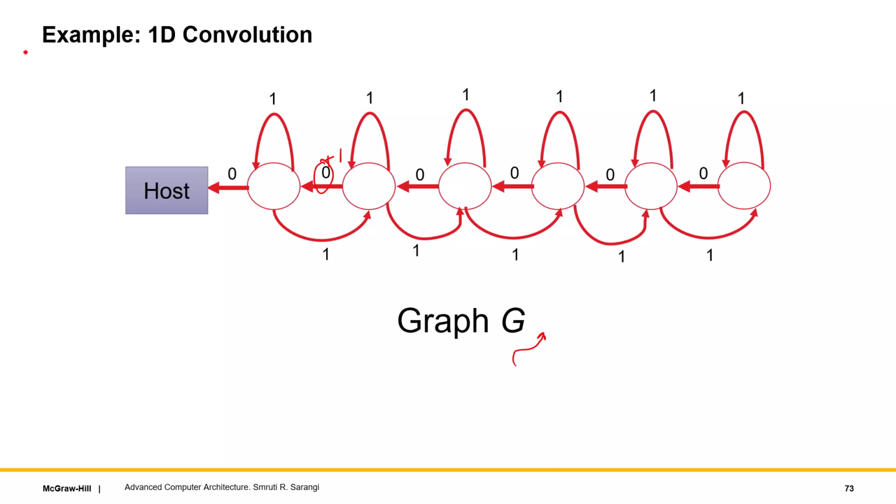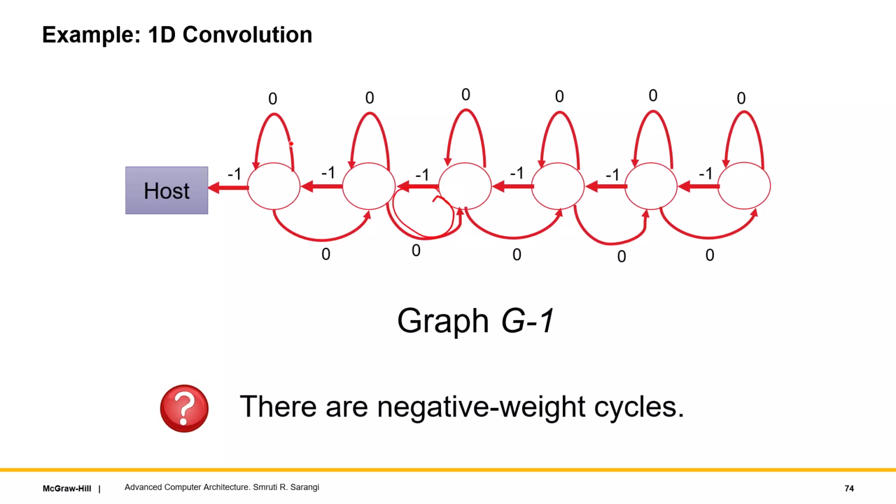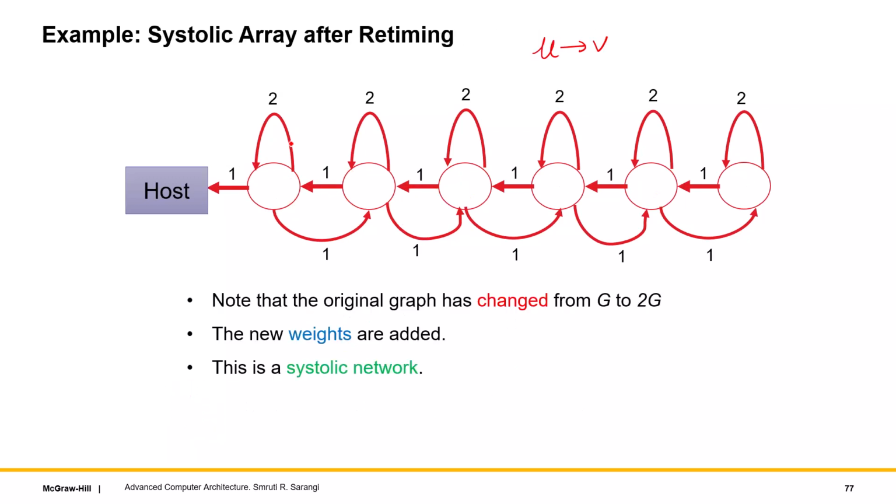Similarly, for this one, the new weight would again be different. I've just shown one example. After doing all of this, you would find the new weights become 2, 2, 2, 2, 2, 1, 1, 1, 1, 1, 1, and so on.